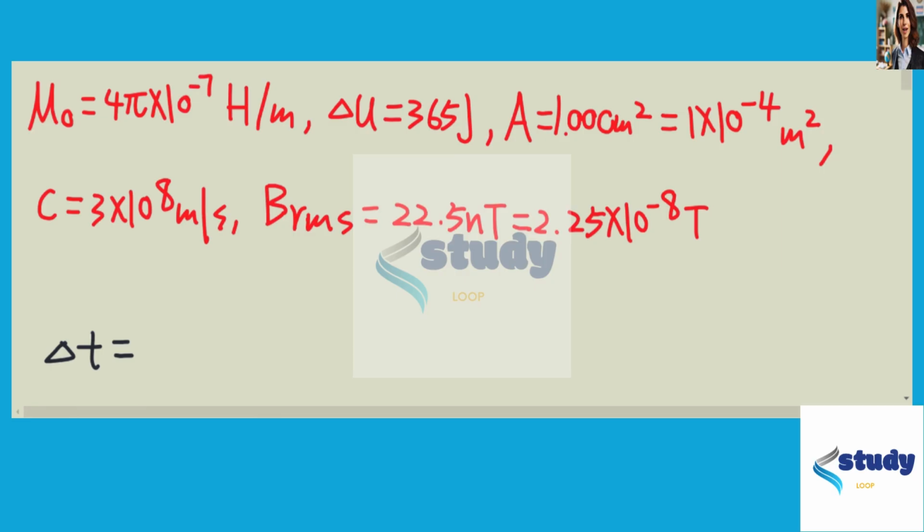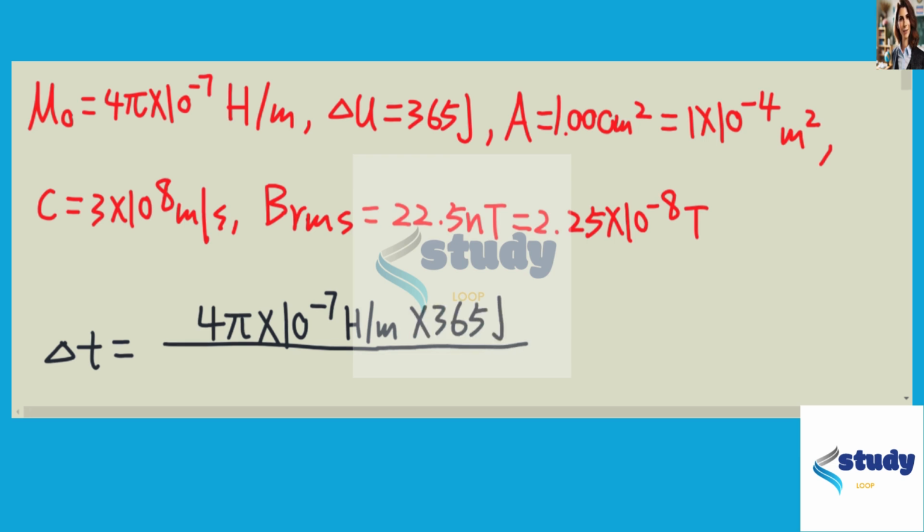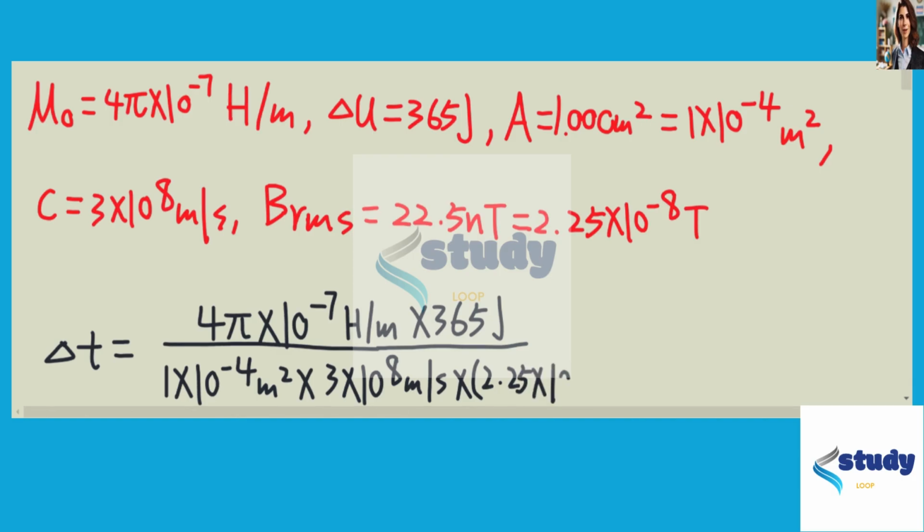So the time is equal to 4π times 10 to the power of -7 henry per meter, multiplied by 365 joules, over 1 times 10 to the power of -4 meter squared, times 3 times 10 to the power of 8 meters per second, multiplied by 2.25 times 10 to the power of -8 tesla to the power 2.